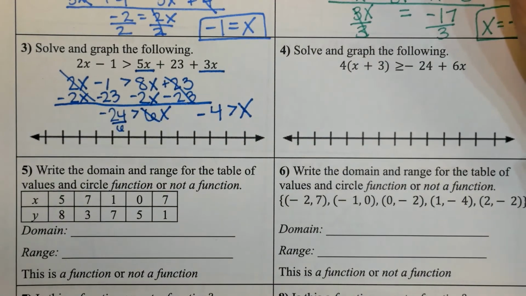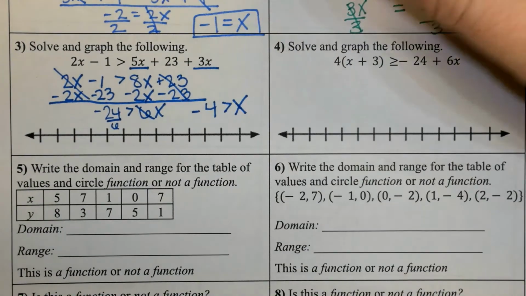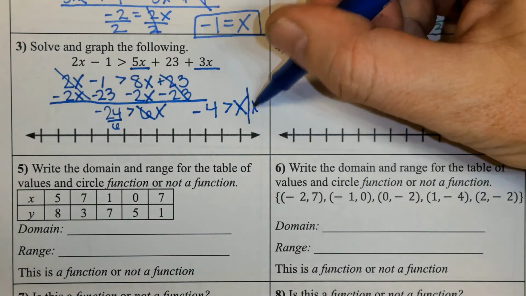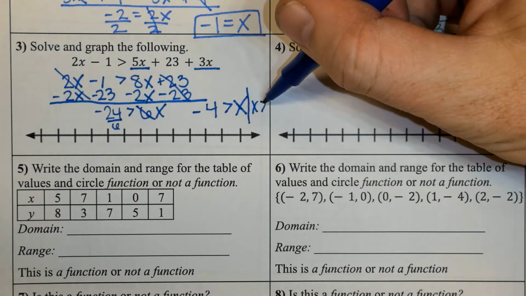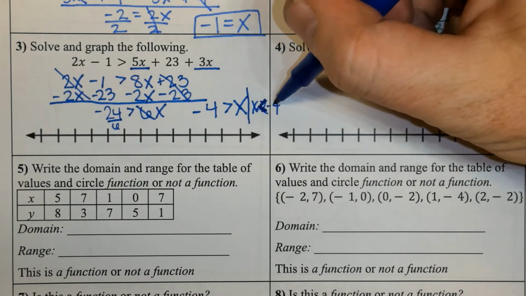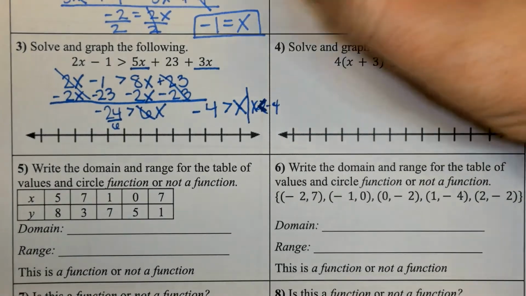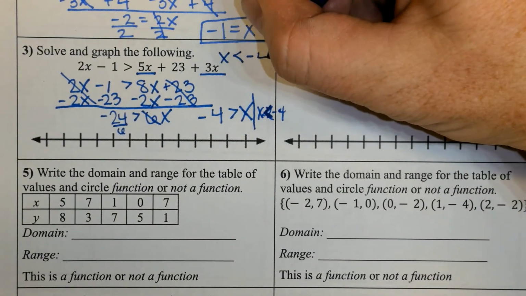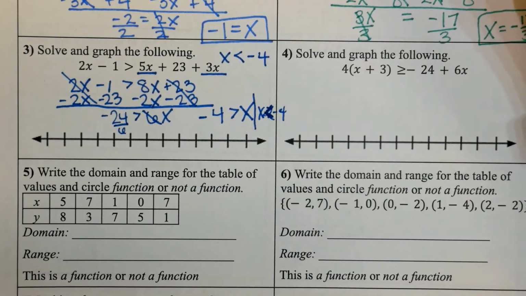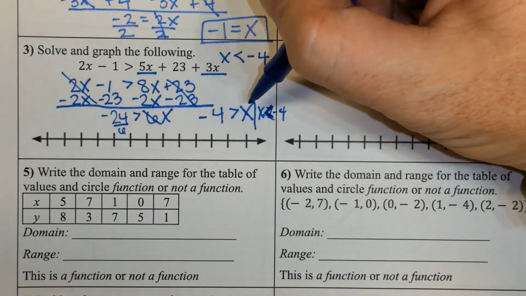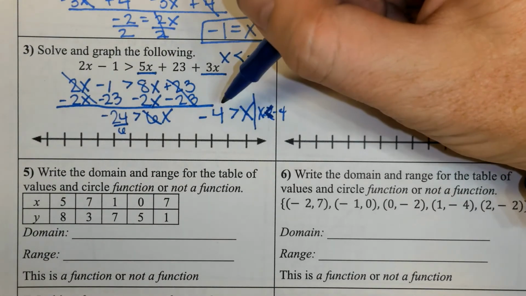Now, once you have your answer like this, if you'd like, this is where you can flip it. So remember, you can pretend there's a mirror and you do x less than -4. So I can flip it, right? So I'm going to write it up here, x less than -4. If I were to read it starting with the letter, it would still be x is less than -4.